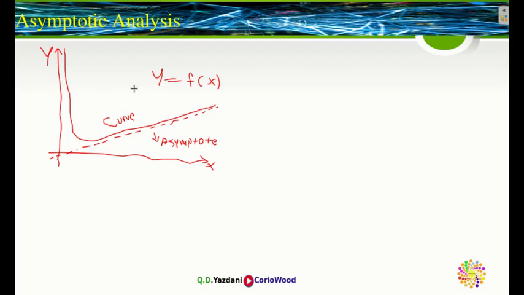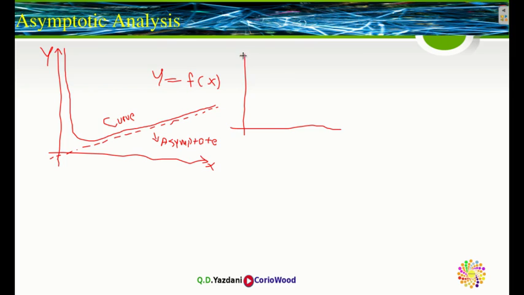There are three types of asymptotes in mathematics: vertical asymptotes, horizontal asymptotes, and oblique asymptotes. I'm quickly going to show you, and the first one is the horizontal asymptote.